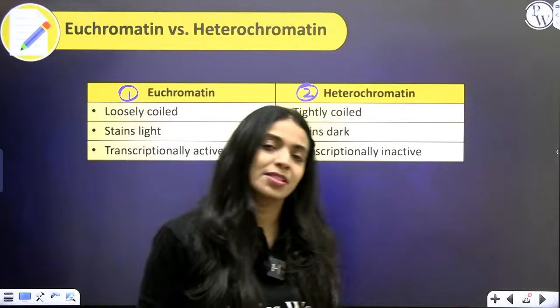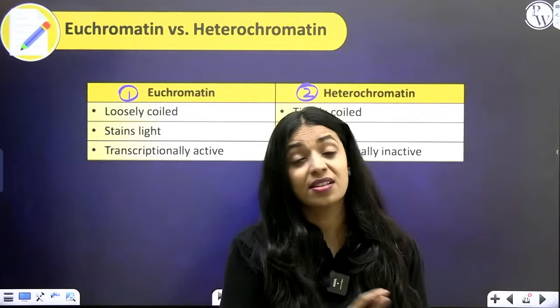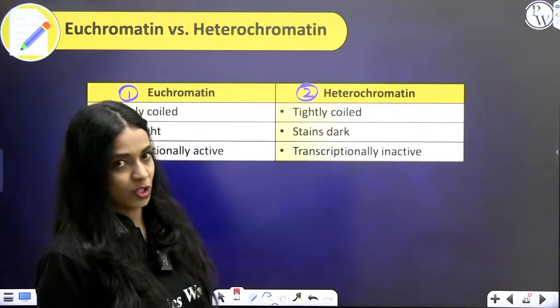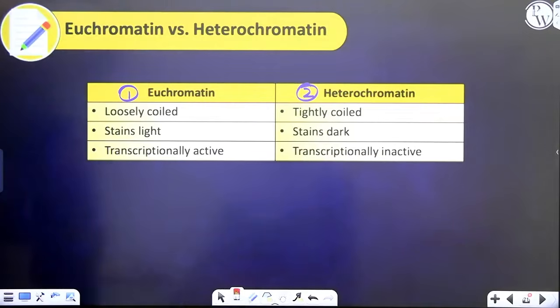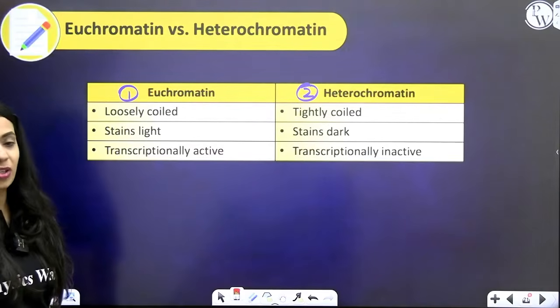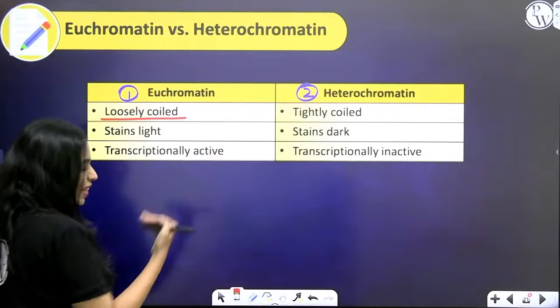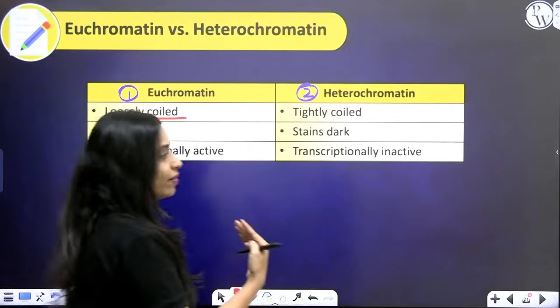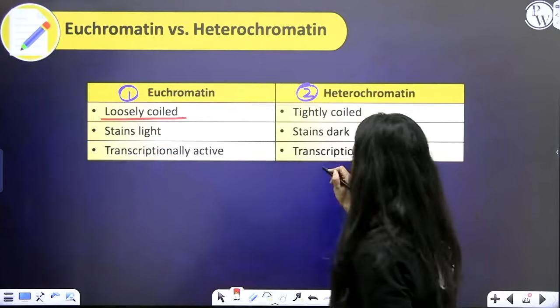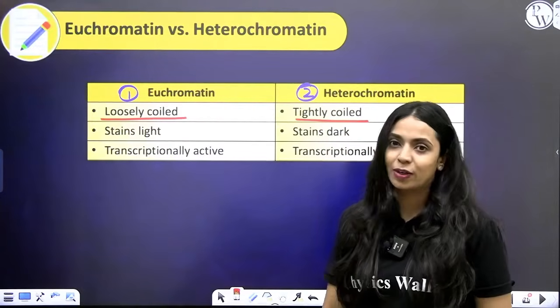There are some segments in the DNA where there is no information. There are some segments in the DNA where there is a lot of information. So wherever there is information, because the information has to be transferred, in such regions, the DNA will be relatively a little loosely coiled, and wherever there's not much information, you can see that it is tightly coiled.